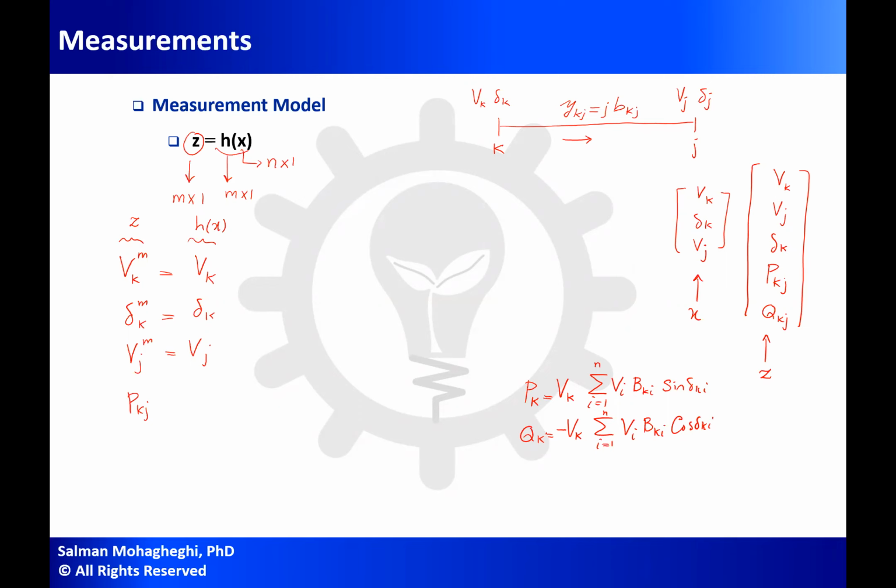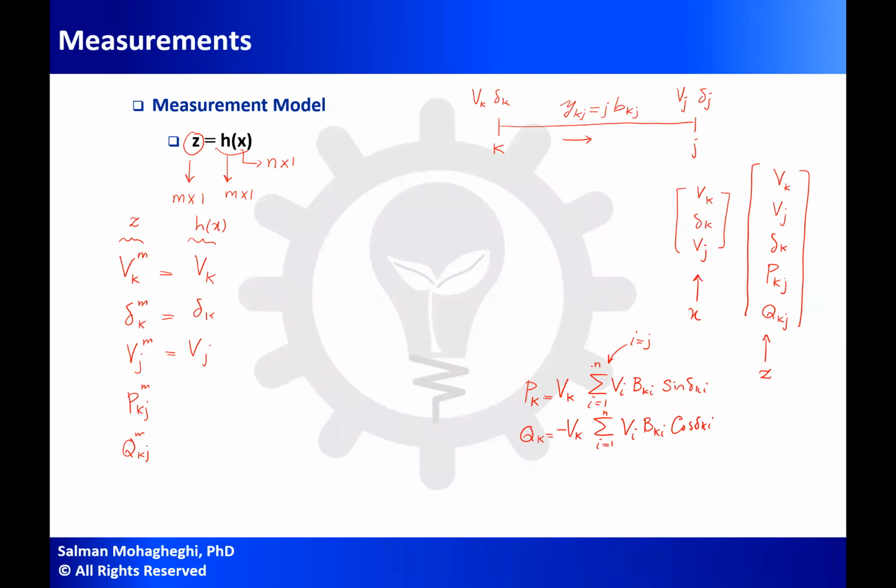If I want to find PKJ or, for example, QKJ, the measured values, your initial thought would be perhaps that I find the entry within the summation for which i equals j, that's corresponding to bus j, and then I multiply it by VK.